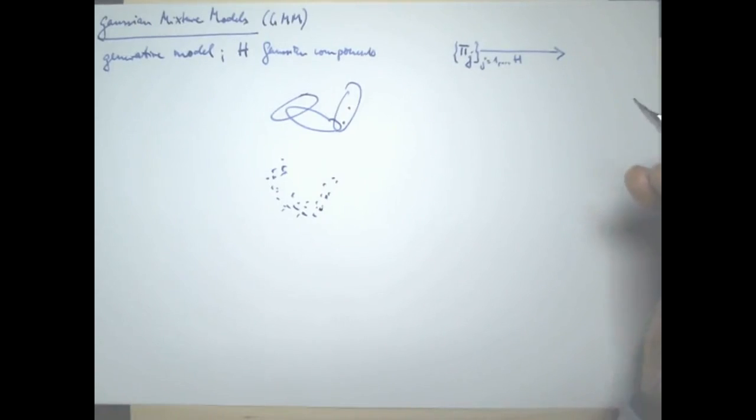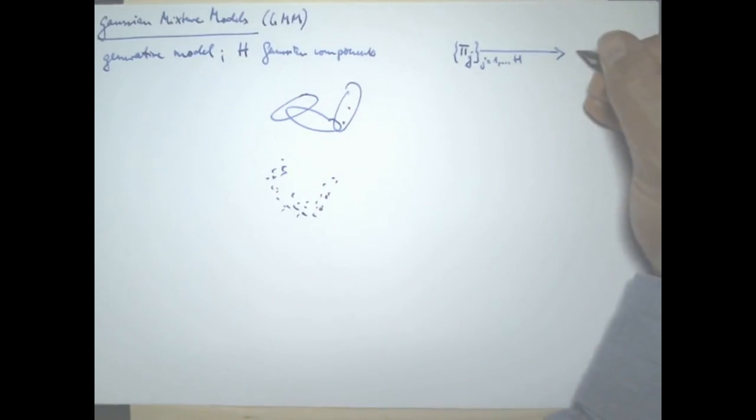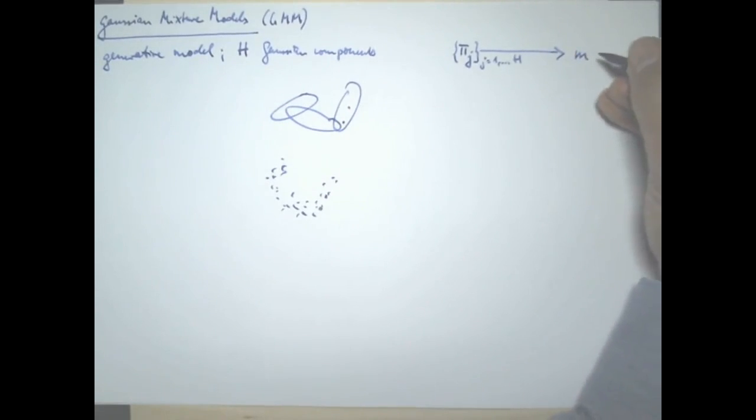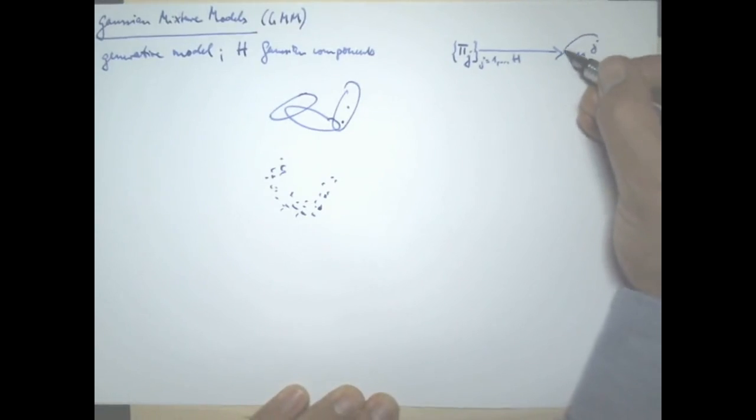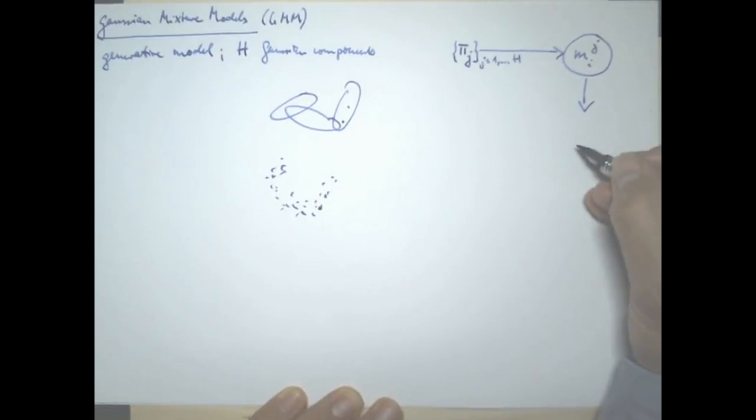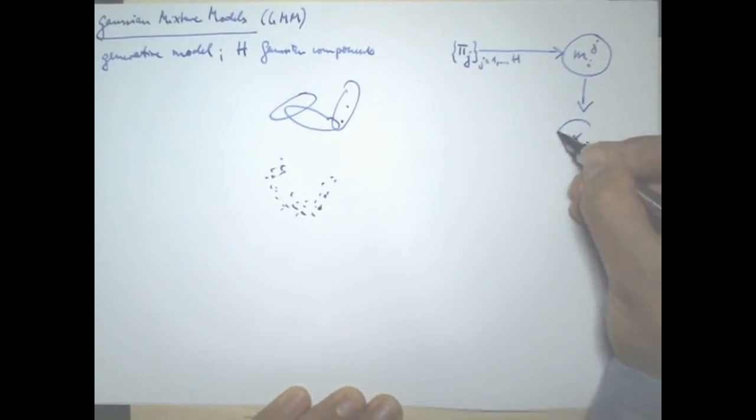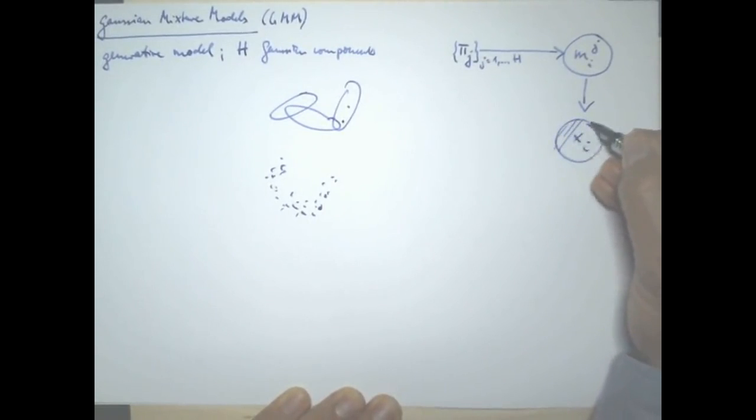So which Gaussian component a particular observation was sampled from is a hidden variable, which let me write here as M_ij. So that's the hidden variable that states which component j a particular observation i was sampled from. And now the actual observed value, so in graphical model notation I could shade this box to say that this is observed.